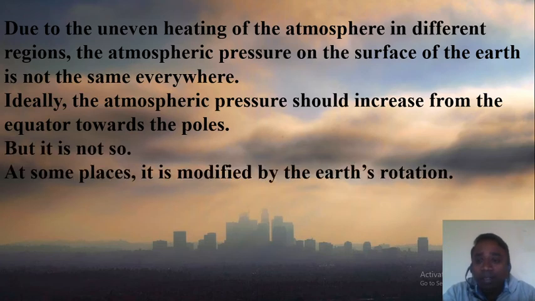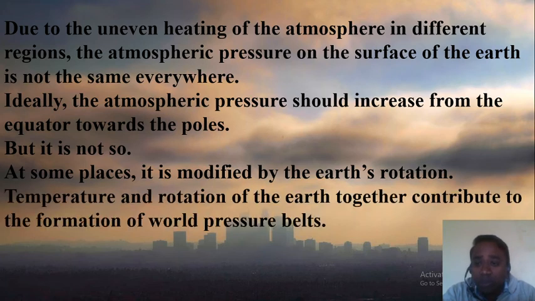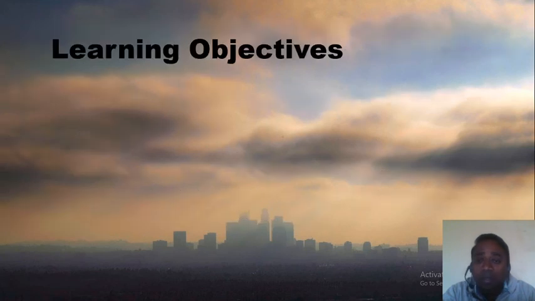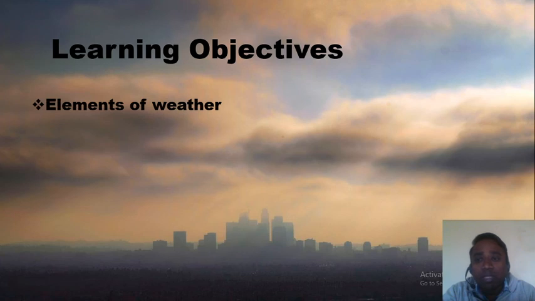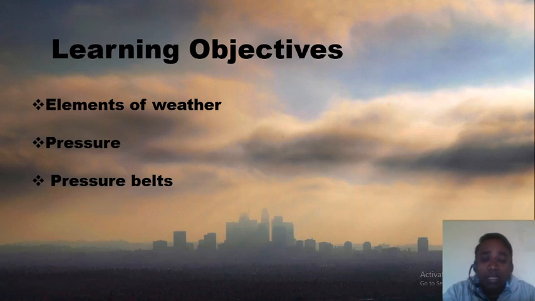We have a trend in them, and at some places it is modified by Earth's rotation also. Temperature and rotation of Earth together contribute to the formation of world pressure belts that we'll see in the next period. As of now, this period was all about the element of weather, pressure. We had a glimpse of pressure belts, which we'll be discussing in the next video.